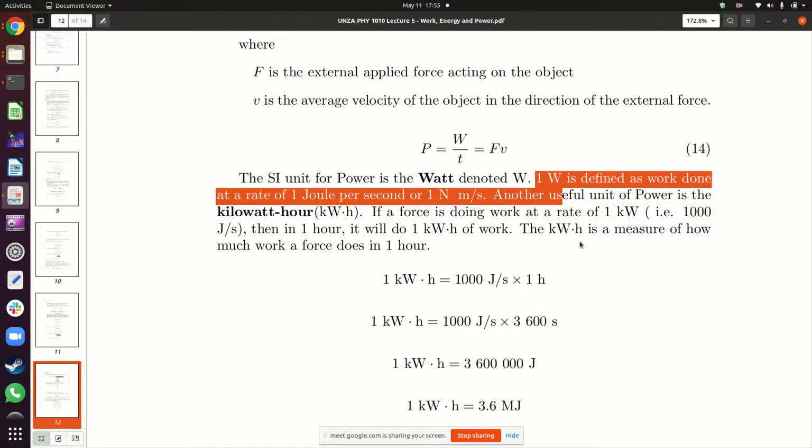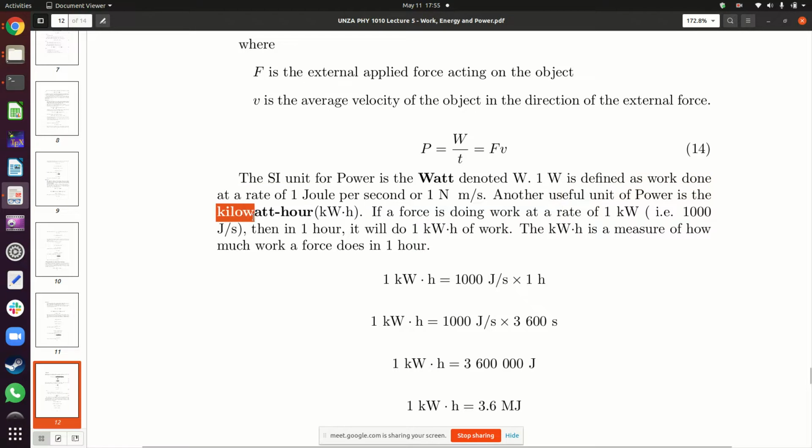The issue really is that watts are very, very small. But there's a more useful unit, which is called the kilowatt hour. What does it mean? 1 kilowatt hour is about how much work you can do in 1 hour.